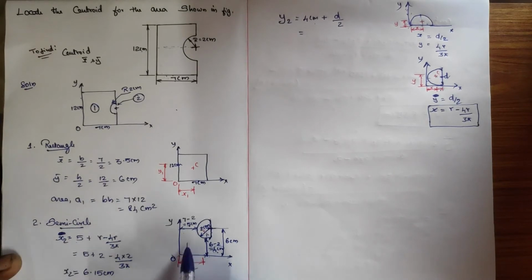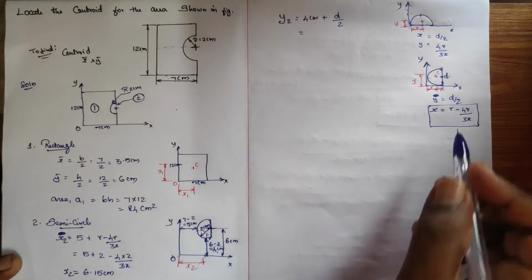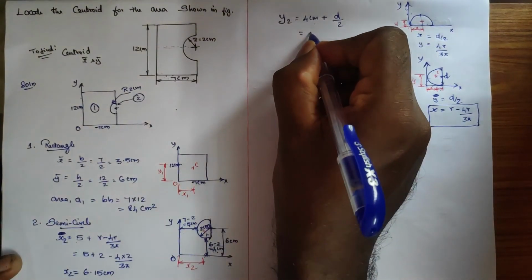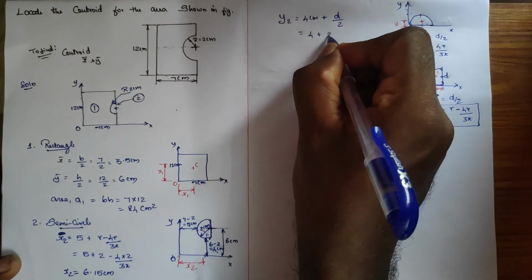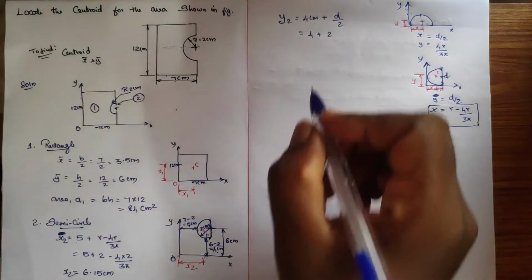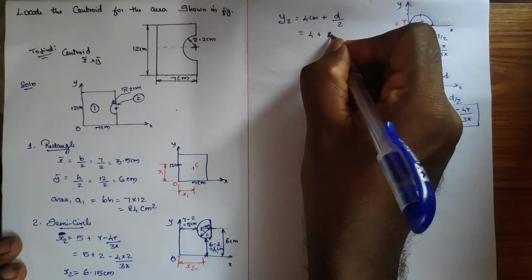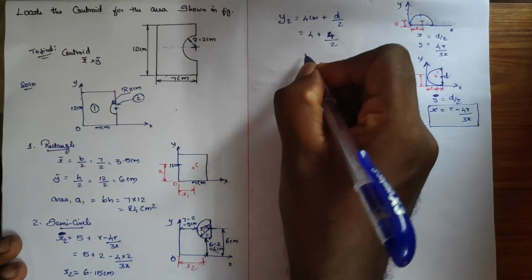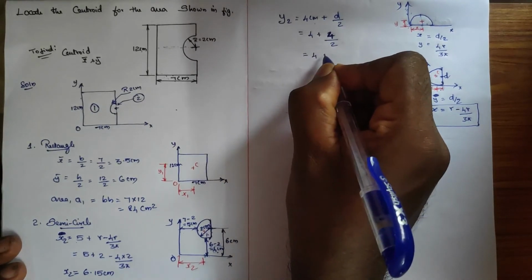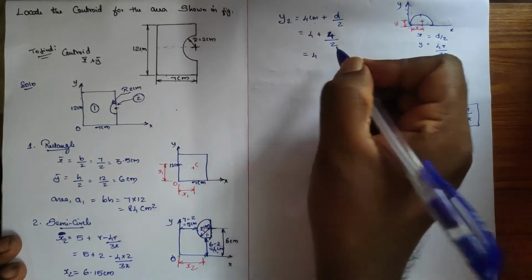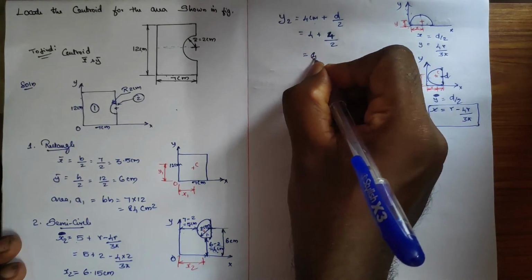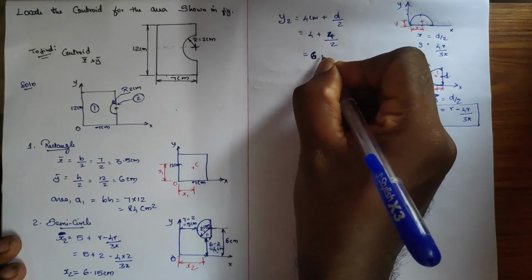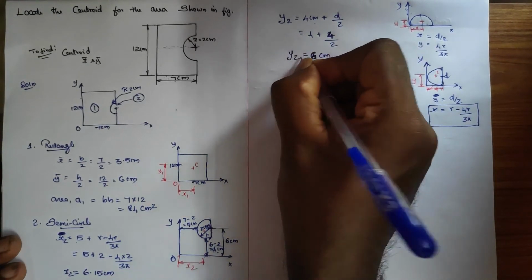So 4 plus d by 2, the diameter is 4, since the radius given in the question is 2, so 4 plus 4 divided by 2, we get 6 centimeter. This is y2.